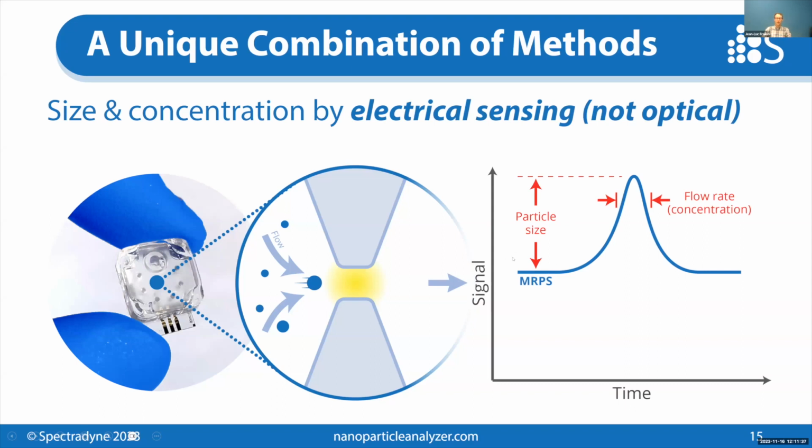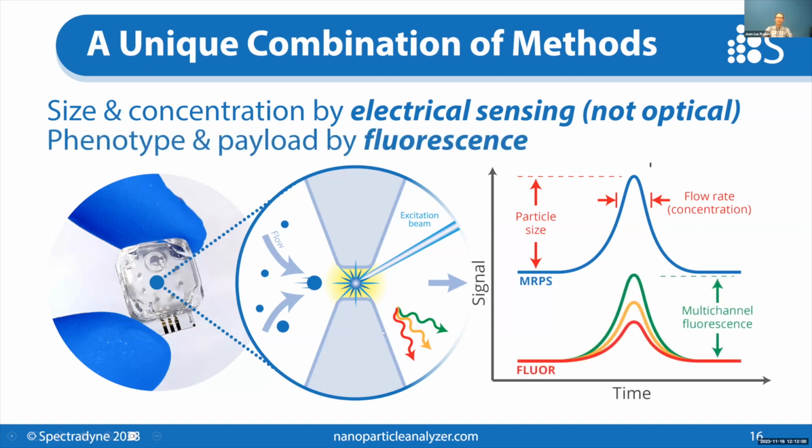So this is our Gen 1 technology. It's been on the market since 2015, and in the form of the NCS1, we have instruments on 5 continents now. In the ARC, which is our newest Gen 2 technology, we're exciting each particle as it goes through the sensing constriction with a laser, and we're measuring the fluorescence from the particle in up to 3 optical channels.